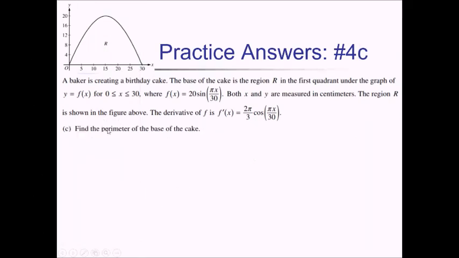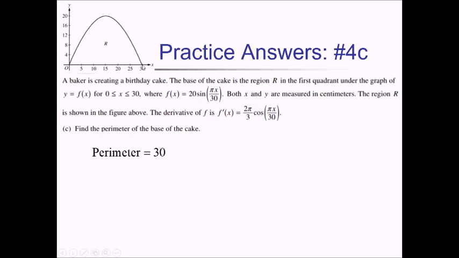For the last part of this problem, they want the perimeter of the base of the cake. So the base of the cake here you could essentially think of as just having two sides. You have this 30 side down here from 0 to 30, so we're going to have to include that in our perimeter. Plus, we have this curved side over here. Now, to find the length of this curve, we're going to have to use our arc length formula.